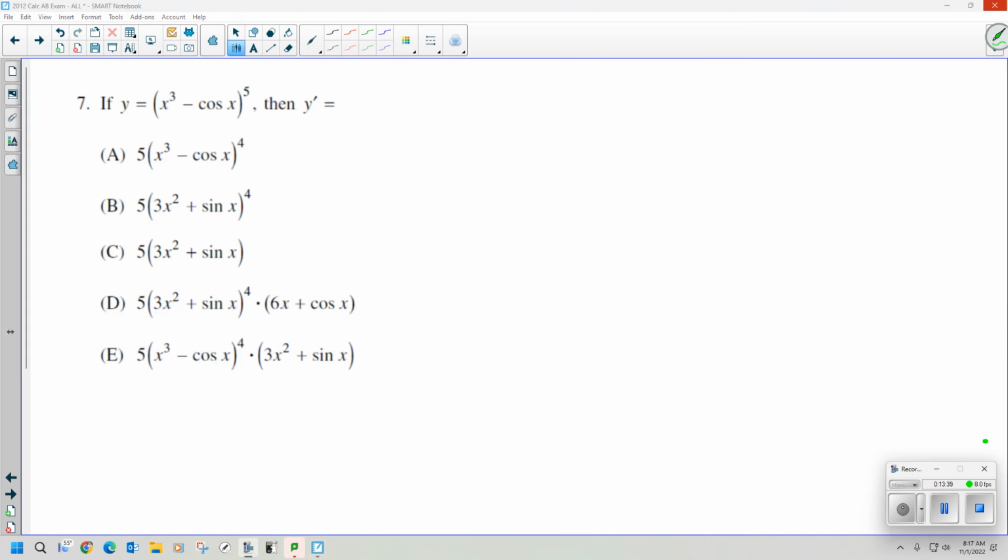Number 7. If y equals x cubed minus cosine of x all to the power of 5, then y prime is, oh lordy, the power rule and the chain rule. Power rule first. My exponent needs to come down. And then I subtract 1 from that exponent. The inside stays the same. Okay? Now I multiply that times the derivative of the inside.